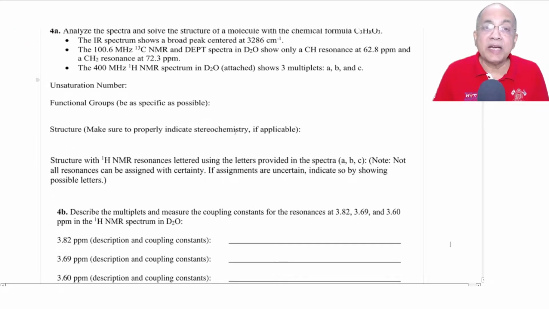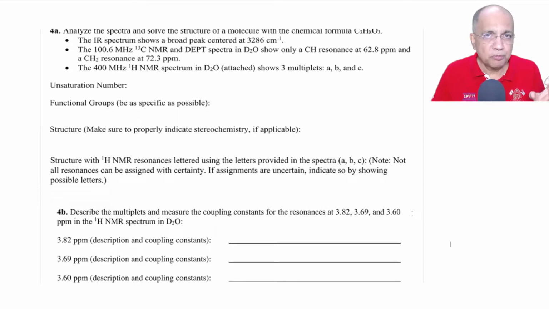Now you have to identify the structure, assign all the proton resonances in ppm, and also calculate the J values, the coupling constants, from the data sheet.